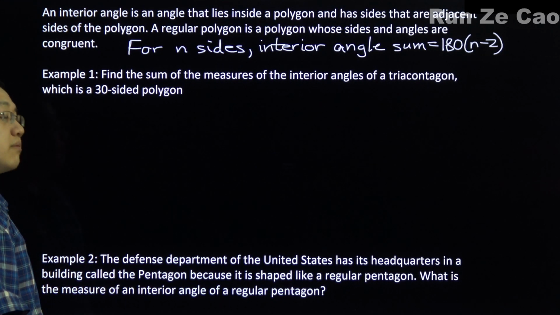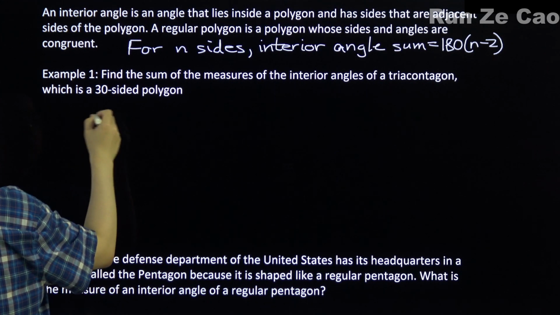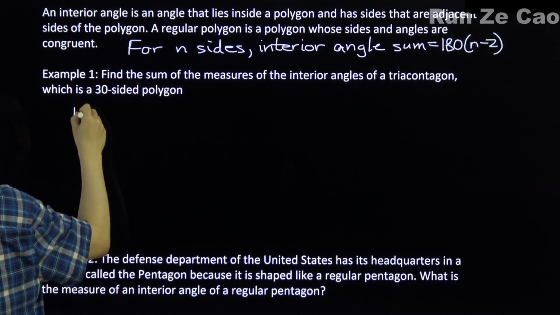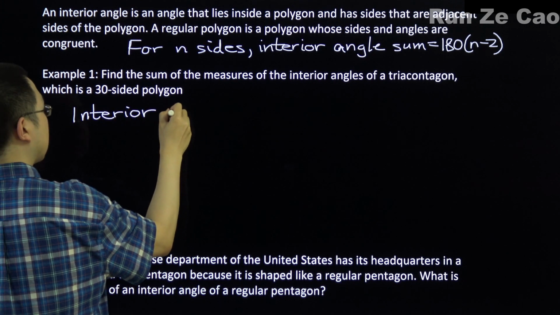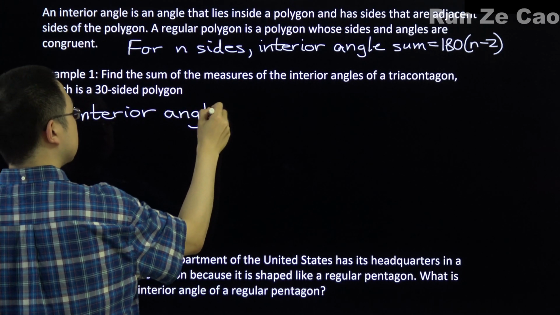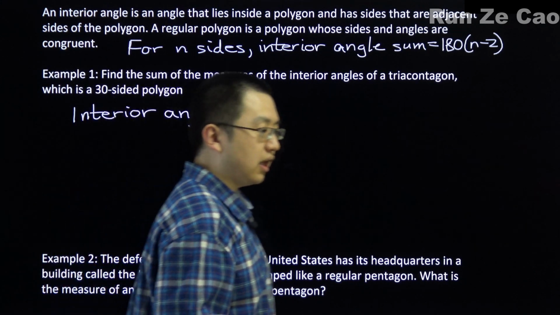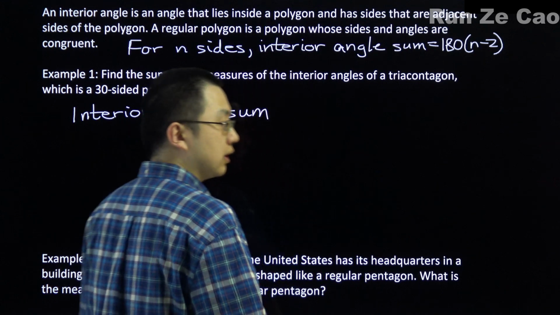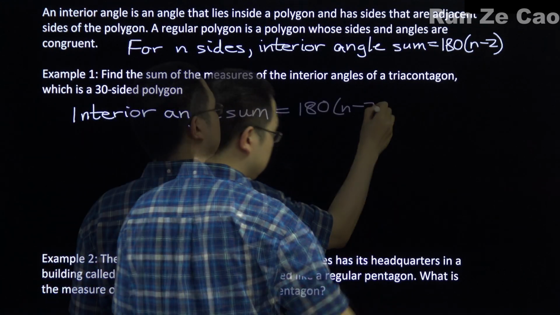What does that mean for the interior angle sum? Interior angle sum. You can fit n minus 2 triangles inside just by drawing diagonals.